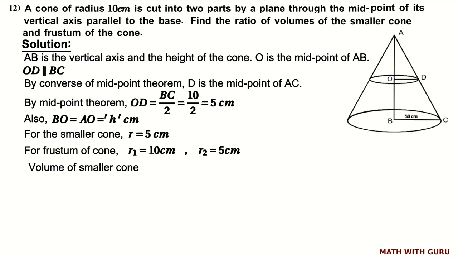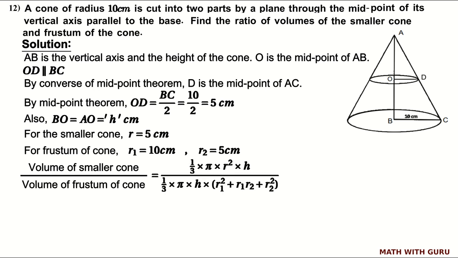Volume of smaller cone divided by volume of frustum of cone equals 1/3 pi r squared h divided by 1/3 pi h times r1 squared plus r1 r2 plus r2 squared.